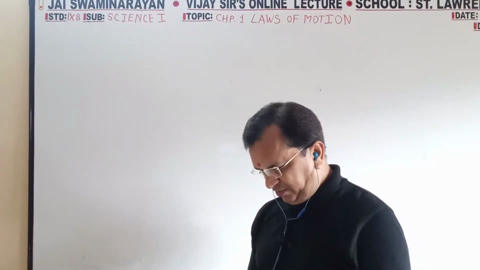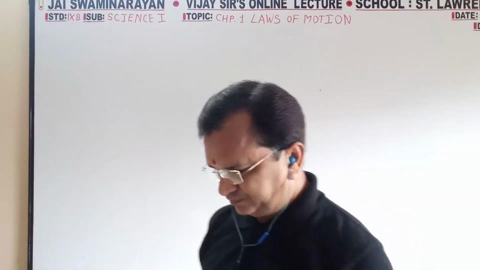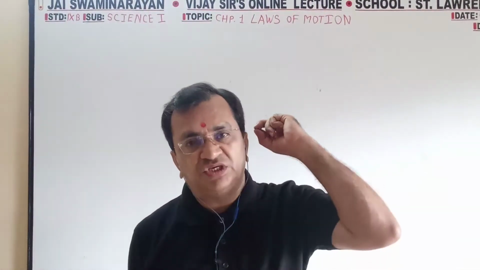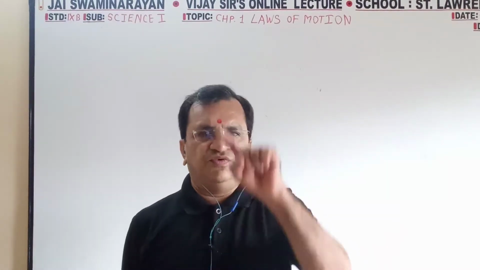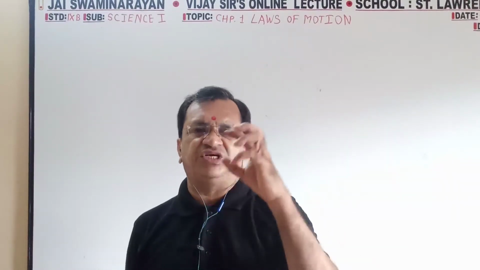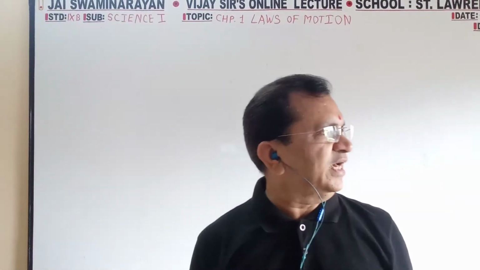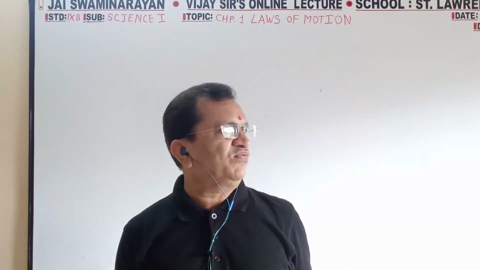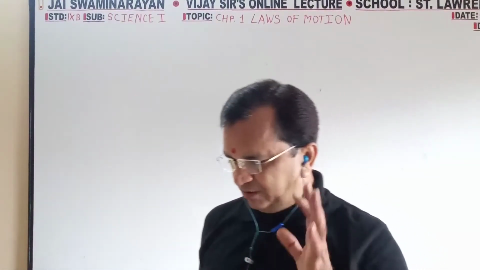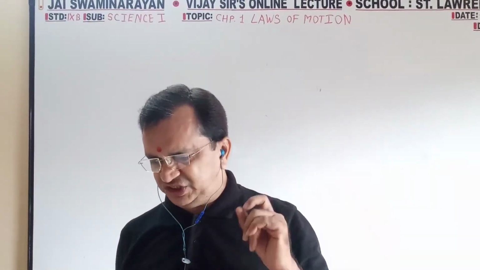Now uniform circular motion. When an object is moving in a circular path but with uniform speed, when the speed will not change, only at each and every point the direction will change. So at that time it is said to be uniform acceleration. So when an object is moving with a constant speed along a circular path, the change in the velocity is only due to the change in the direction.